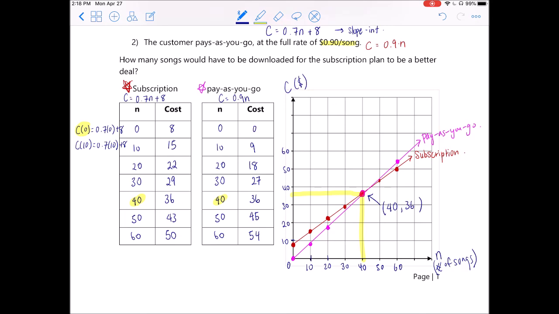Notice that the subscription fee was higher in the beginning, and after this point, after the 40th song, it's actually a better deal compared to pay-as-you-go. So we can conclude that the subscription plan is a better deal if you download more than 40 songs.